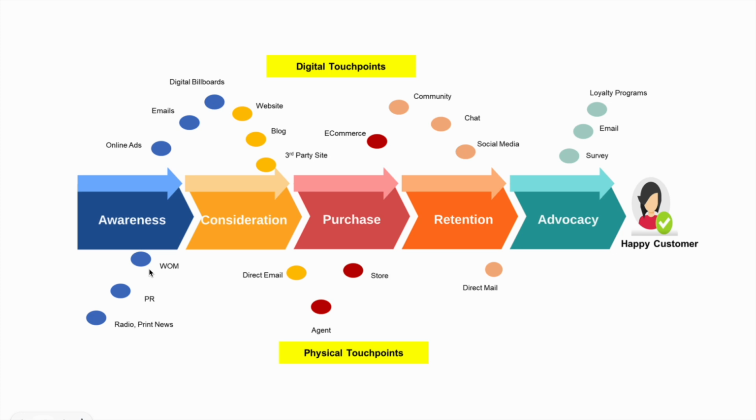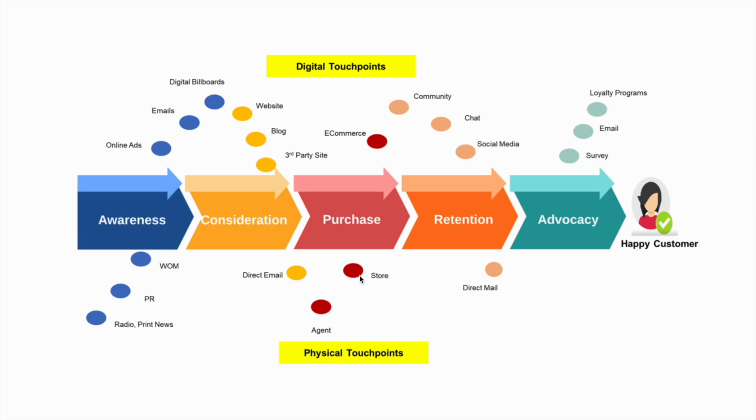So here the digital touch points for awareness would be online advertisements, radio, print news, and then he could also click from an email, or the product could come from an advertisement from another app, or it could be digital billboards. After he gets awareness about that particular app or product, he considers whether to buy it or not. It could be a website, blog, or third party site. So he considers those options, and then he makes a purchase.